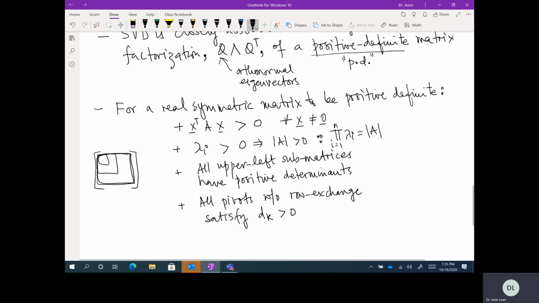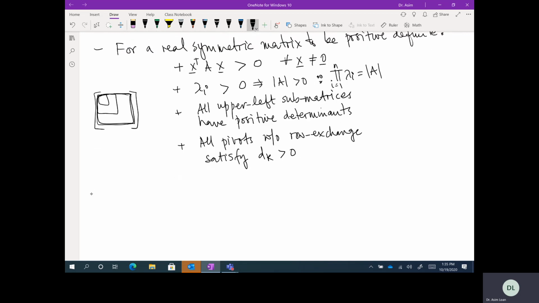Okay, so why do we need singular value decomposition? The simplest reason is that eigenvalues for a rectangular matrix are undefined, for the simple reason you cannot compute the determinant of A minus lambda I where A is not square.